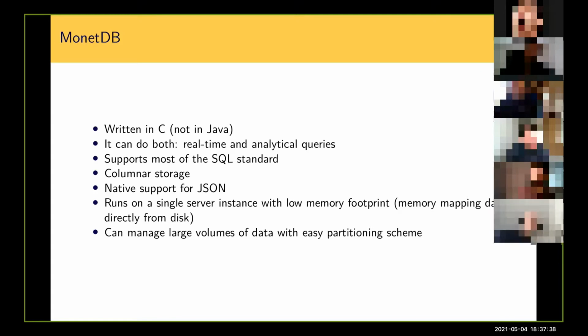Another thing that they have is native support for JSON, which is pretty cool because it allows me to store data that I don't have a concrete structure predefined. So things coming from application logs and still have them accessible. Maybe the performance is not as good as if the fields were native columns, but it's there if I need to access this data.